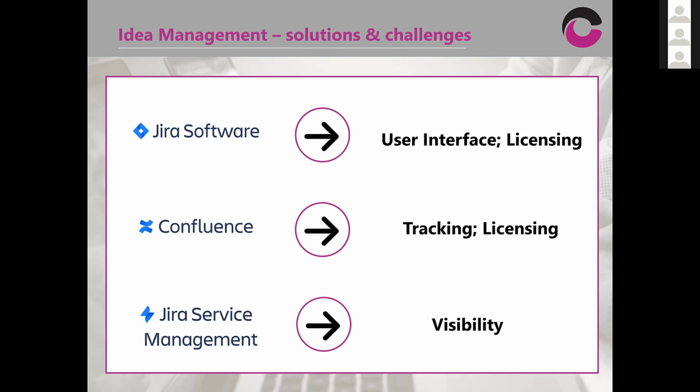But it's also hard for idea management because we have some tracking issues. First of all, tracking issues. How to track the ideas? What is the backlog of the ideas? Who is involved in that? We have a lot of spaces, a lot of pages, different structures of the page trees and so on.